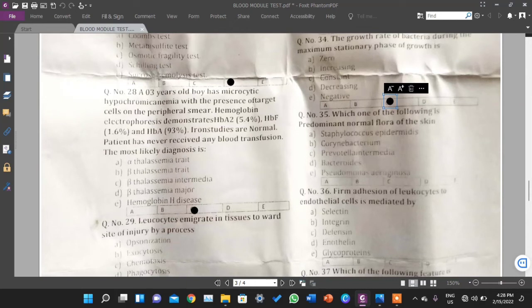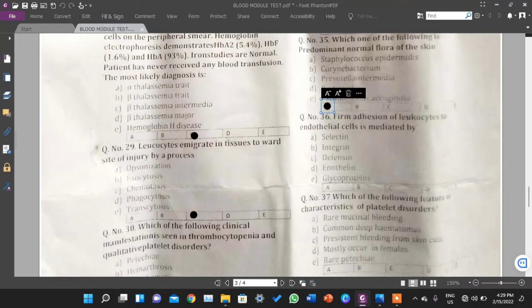Question number 35 says, which one of the following is a predominant normal flora of the skin? Staphylococcus epidermidis, Corynebacterium, Prevotella intermedia, Bacteroides, or Pseudomonas aeruginosa. Option A is correct because this bacterium has the name of the skin's first layer in its name, epidermidis.